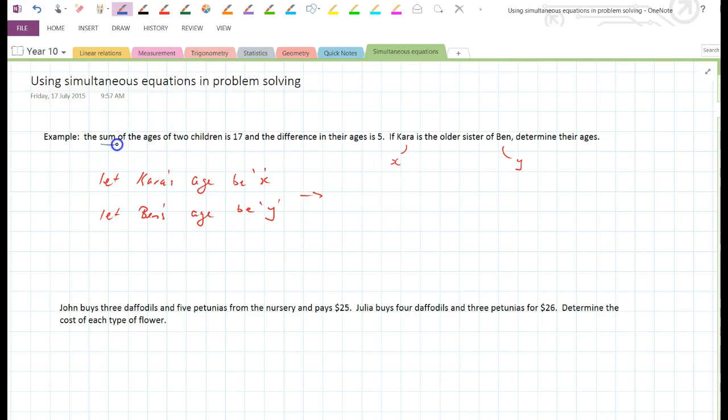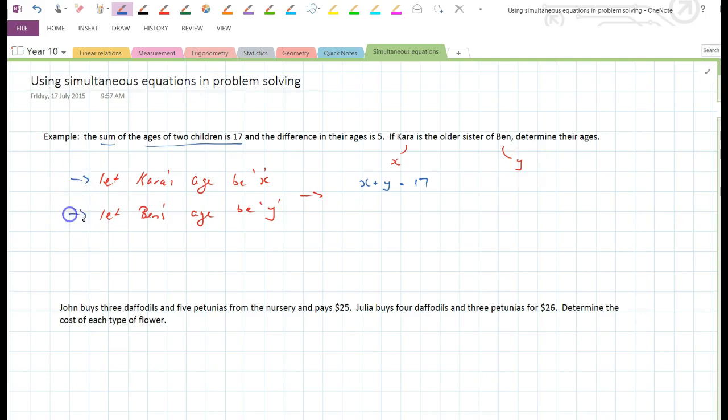The sum of the ages of two children is 17, so I'm going to rewrite that as X plus Y equals 17. My task is to turn the words in the question into an algebraic equation using the variables that I've introduced here and here.